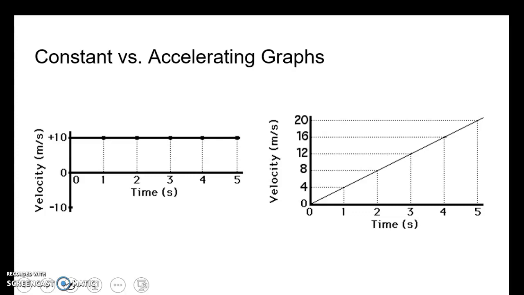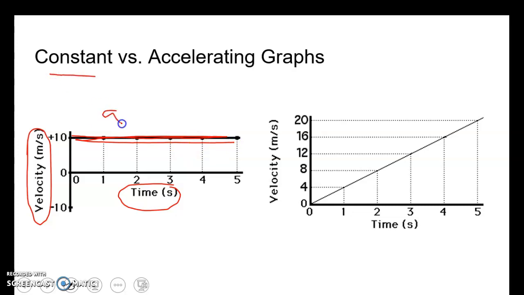So constant versus accelerating, all right? If our velocity time graph, where time is on the x, velocity on the y, is a flat line, that means we have a constant velocity, which means our acceleration is 0. If our velocity time graph is increasing, then we do have an acceleration of some sort, okay?